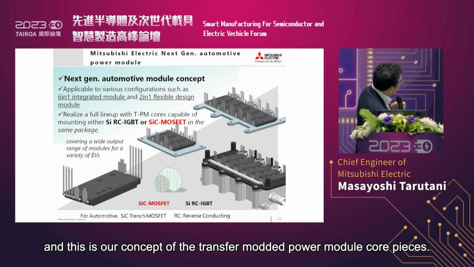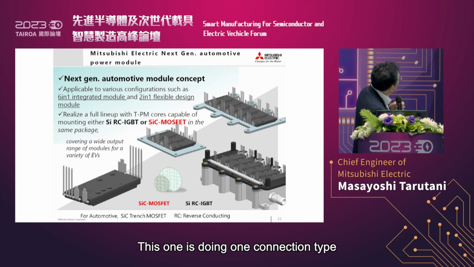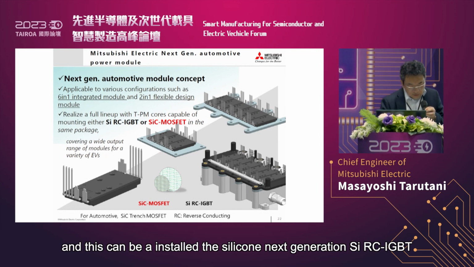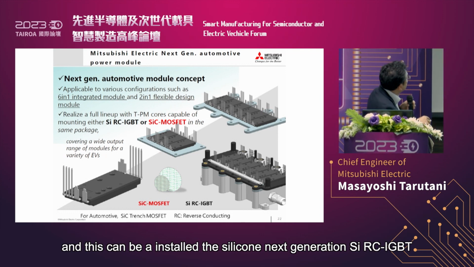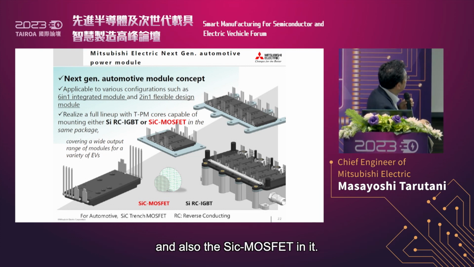This is our concept of the transfer molded power module core pieces. And this one is a two-in-one connection type. This can be installed with the next generation silicon RC-IGBT, and also the SiC MOSFET in it.